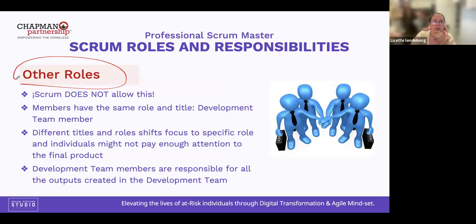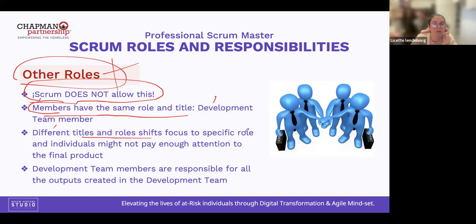Other roles. Scrum does not allow other roles. Members have the same role and title: development team members. Different titles and roles shift focus. Look at this. Why?